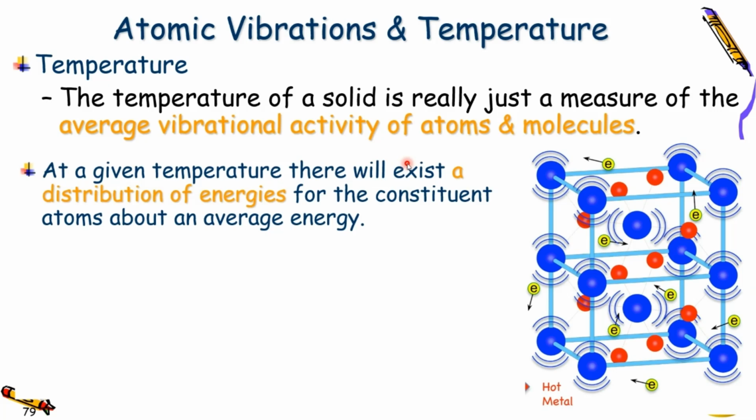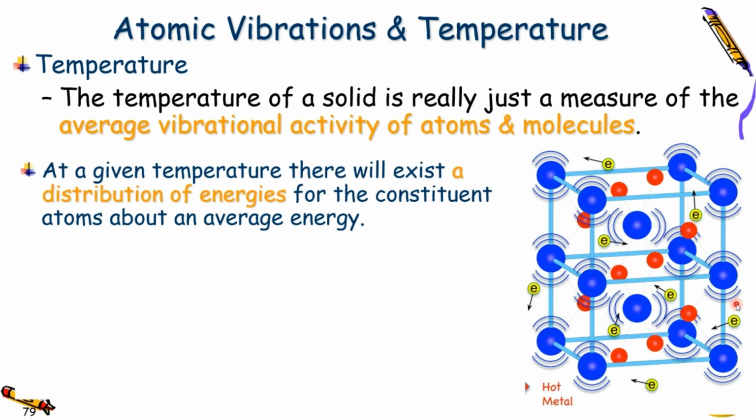At a given temperature, there will exist a distribution of energies for the constituent atoms about an average energy. So the temperature is actually the average energy of atoms. It's kind of an index. If the temperature is high, the energy will be high in this object or in this metal.